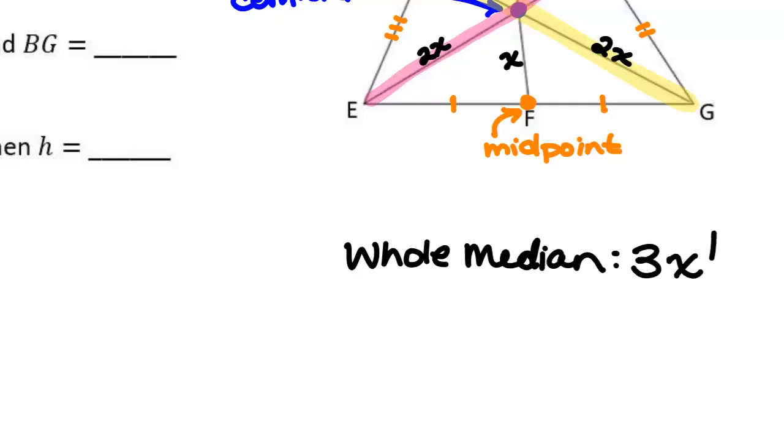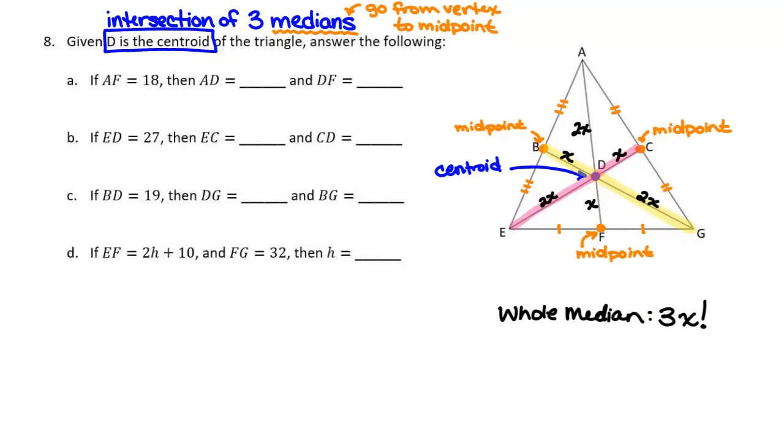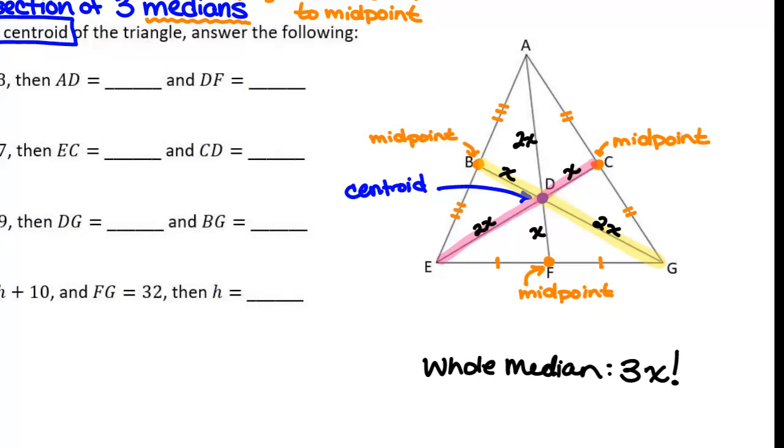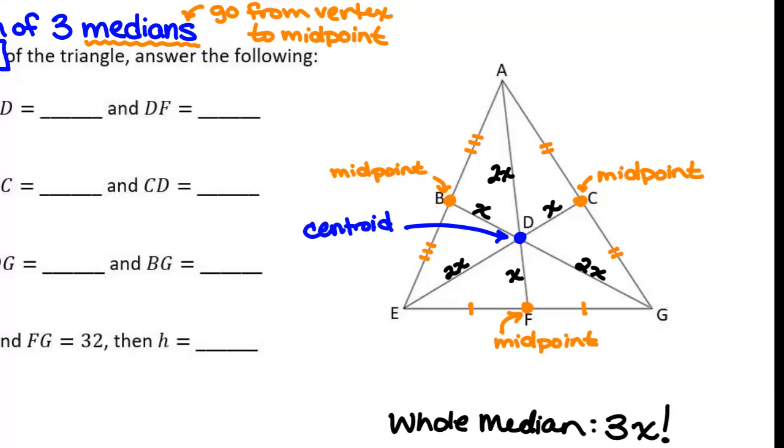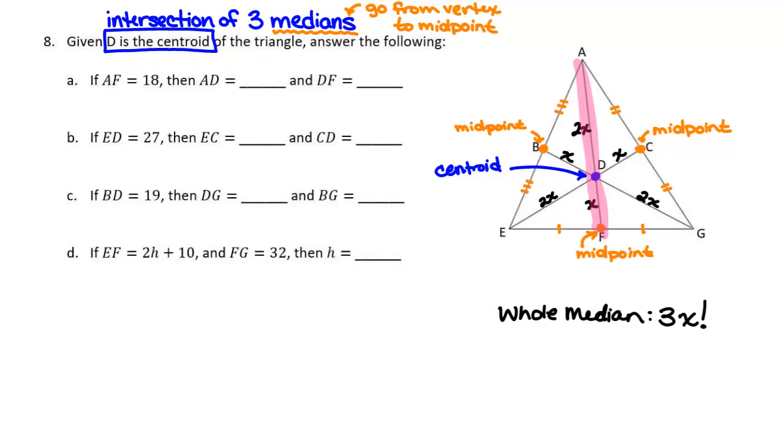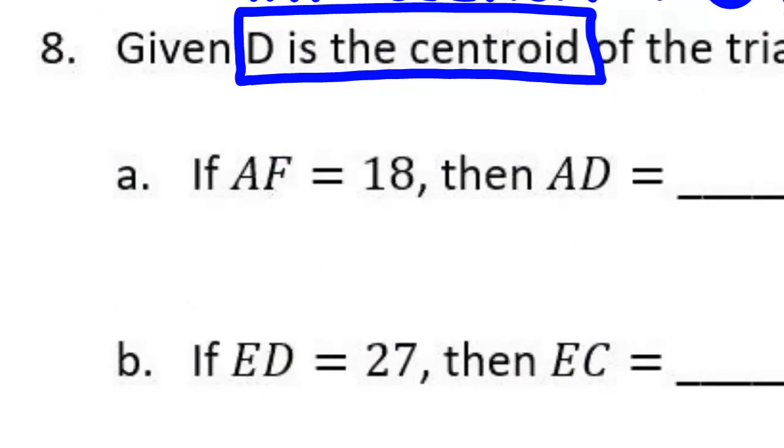All right, let's see if we can take this information now and answer the questions that they've given us. It says that AF, this right here, is equal to 18. How many x's is from A to F? 3x.